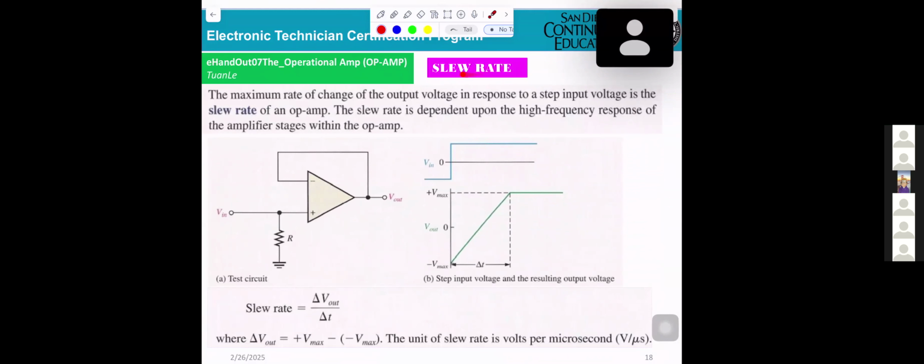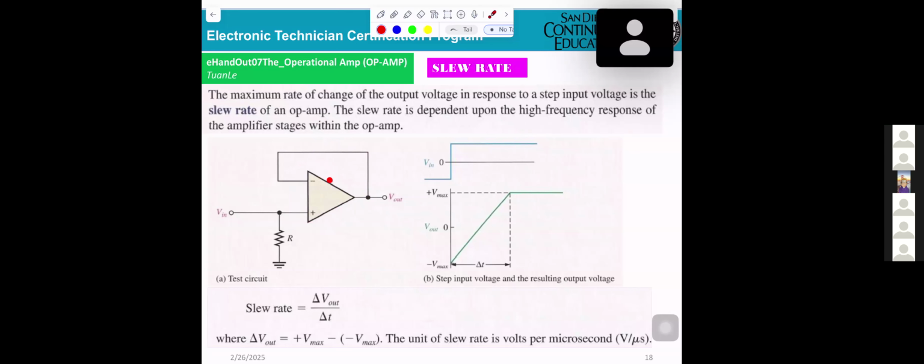Slew rate. Okay. The maximum rate of change of the output voltage in response to a step input voltage is the slew rate of an op-amp. The slew rate depends on the high frequency response of the amplifier stage within the op-amp. Basically, you see this circuitry here.